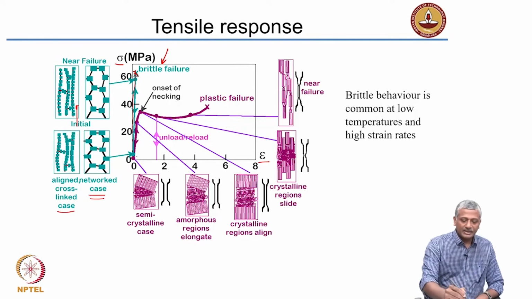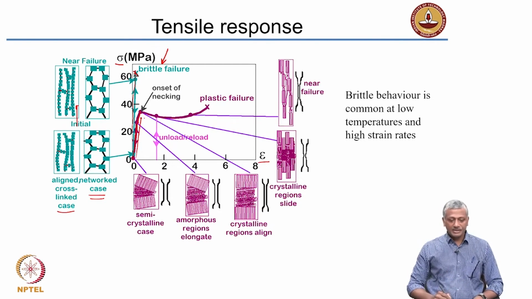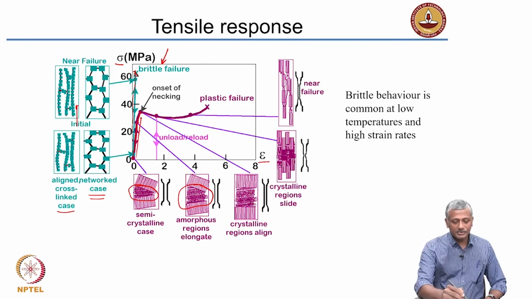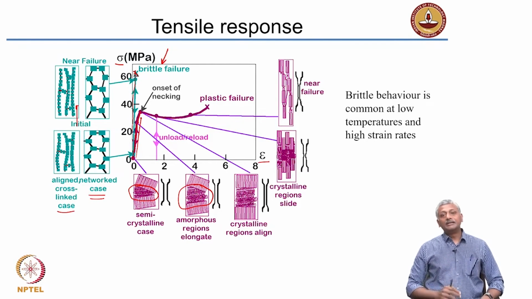In this case, as you load, you are going up in terms of the level of stress, but what starts to happen at that point is that you start aligning the entangled chains.